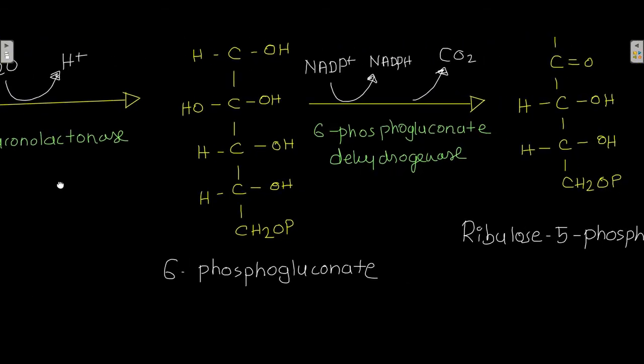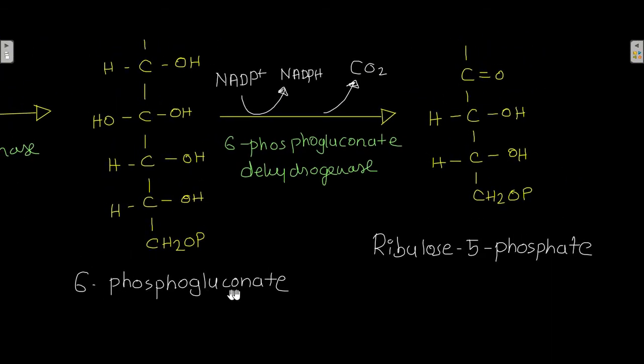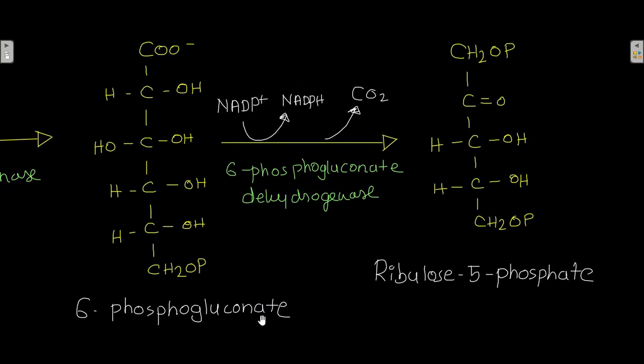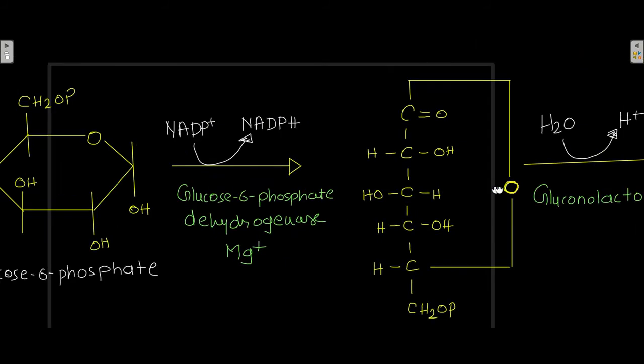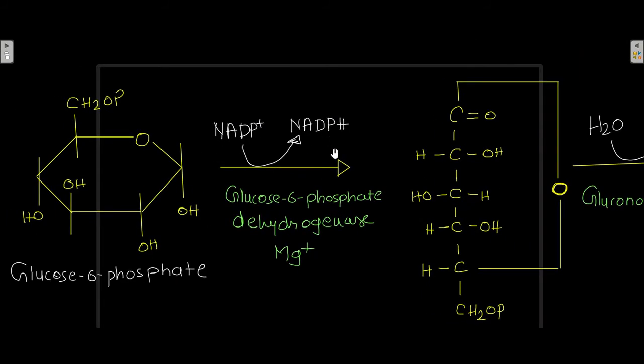After this, 6-phosphogluconate is converted into ribulose 5-phosphate by 6-phosphogluconate dehydrogenase, where one NADP plus is reduced into NADPH and one carbon dioxide is released.